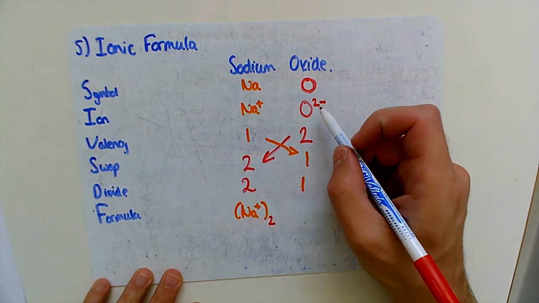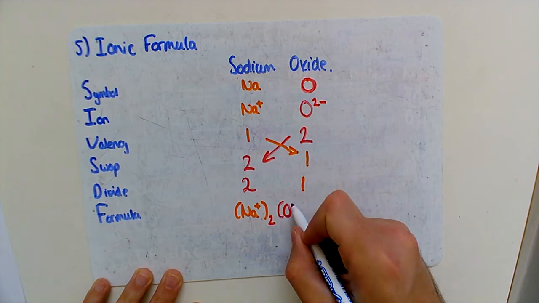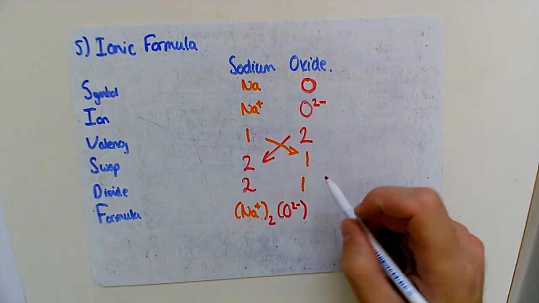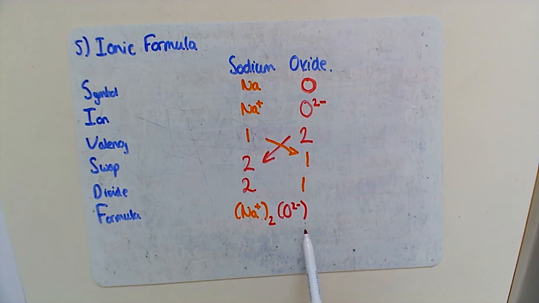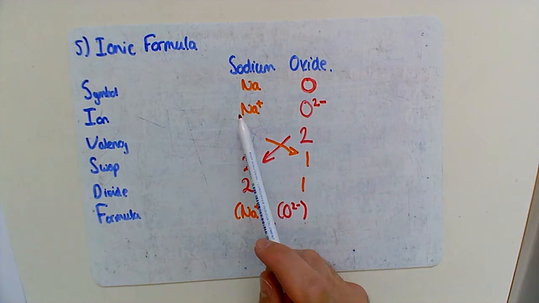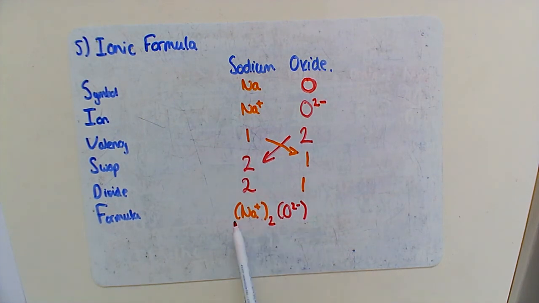Then oxygen, O2- in brackets, the number's 1, so we don't need to write anything. So you can see it does look a bit more complicated, but it's Na+ in brackets, 2, and then O2-. We'll do 2 more examples of this.